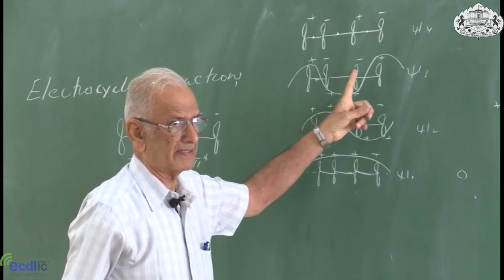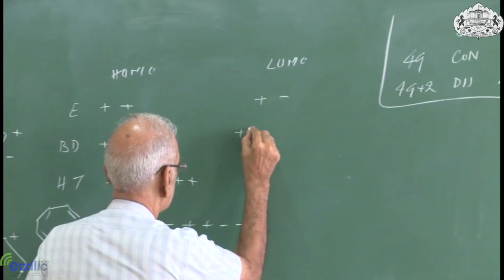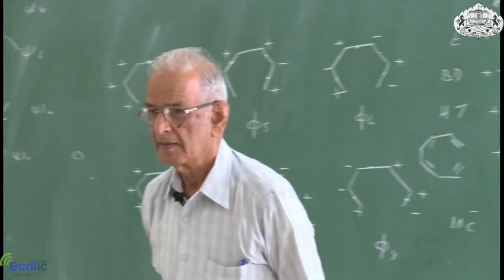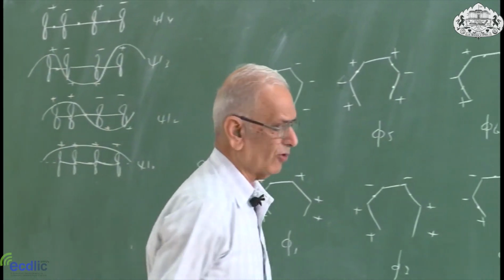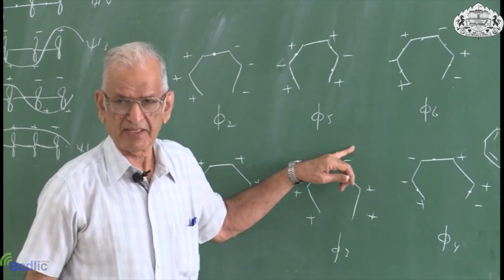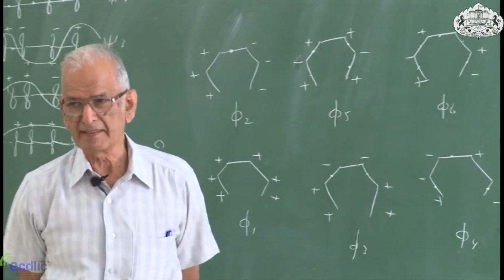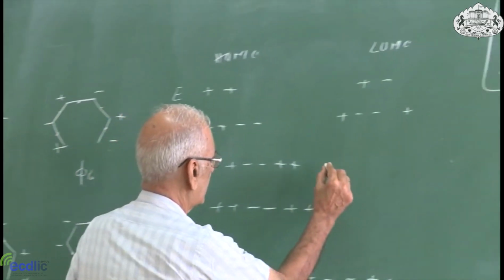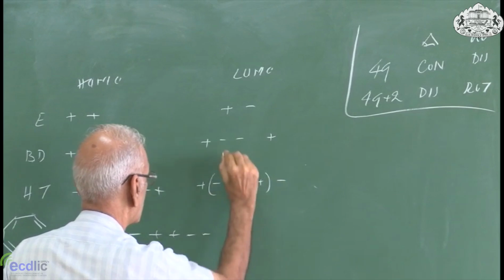Plus, minus, minus, plus. When I look at hexatriene, 6 orbitals, your highest is number 3, your lowest unoccupied molecular orbital is number 4. So, what is the picture? Plus, minus, minus, plus, plus, minus.